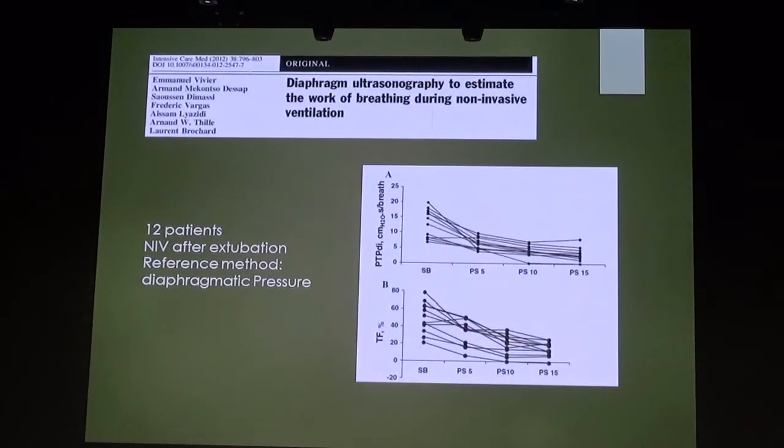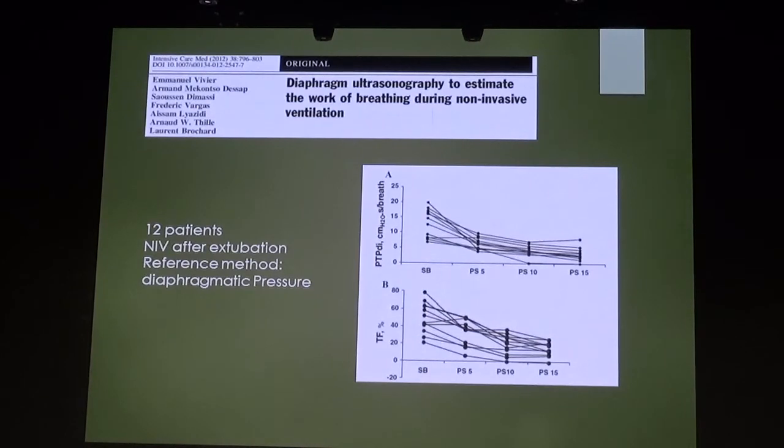In this study performed in non-invasive ventilation after extubation, you can see the protocol with spontaneous breathing patients and increasing levels of pressure support. They measured the transdiaphragmatic pressure as a reference method, and you can see the thickening fraction and transdiaphragmatic pressure decrease in a parallel way as the pressure support increases.